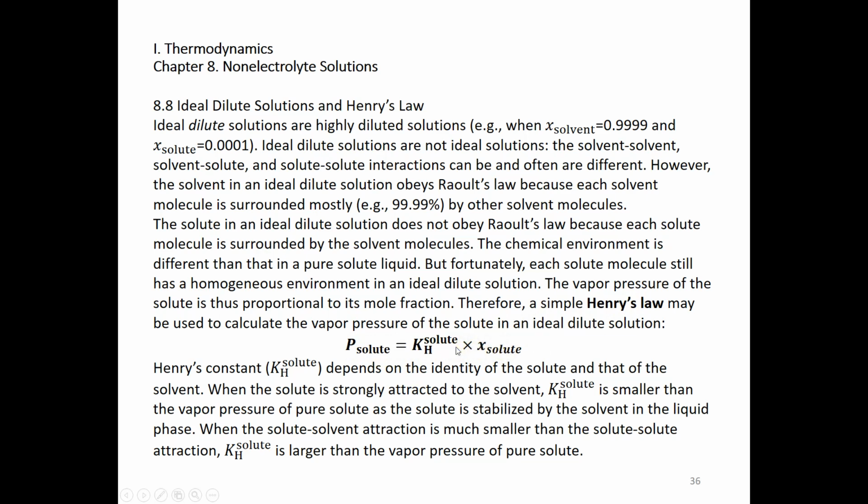The proportionality is called the Henry's constant, and the value of the Henry's constant depends on the identities of the solute and solvent. So for example, if the solute and solvent strongly attract each other, then we'll have a smaller Henry's constant.